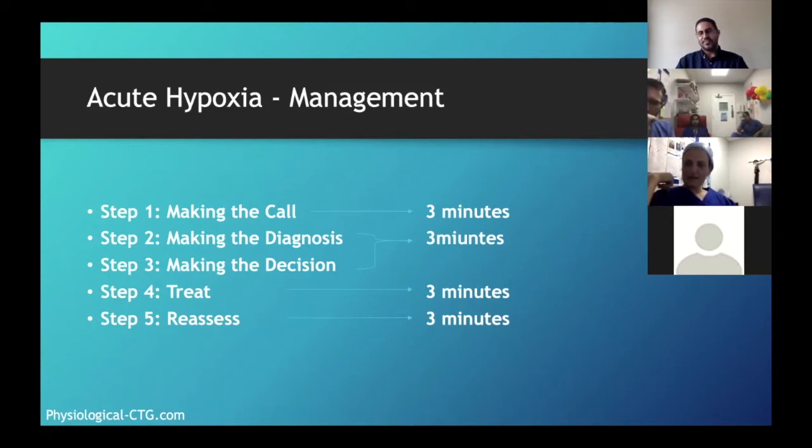Yeah? So I would stress that you make sure you have in your mind that the first thing you need to be thinking is: is this reversible or irreversible?